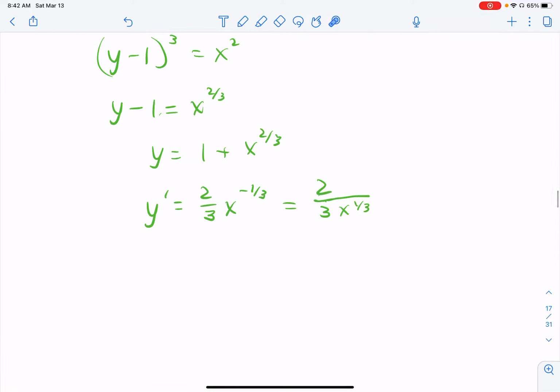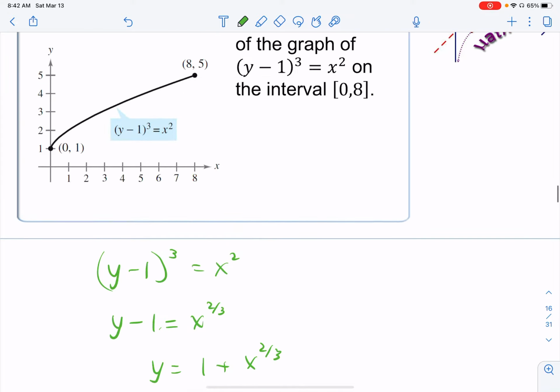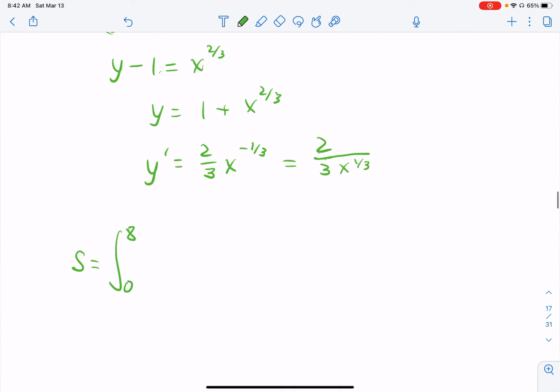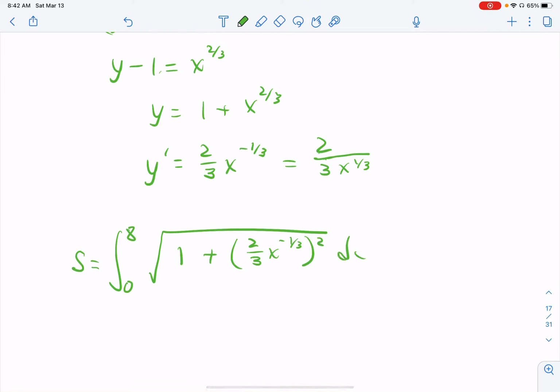Speaking of the antiderivative, let's throw this into our arc length formula. Definite integral from 0 to 8, square root of 1 plus our derivative squared: 2/3 x to the negative 1/3, squared, dx.